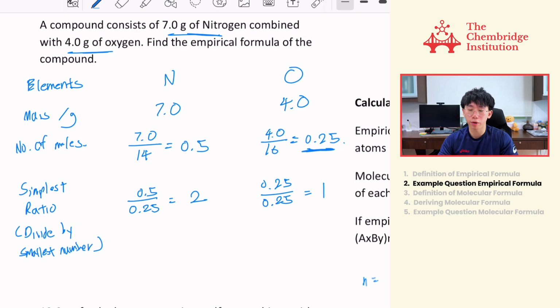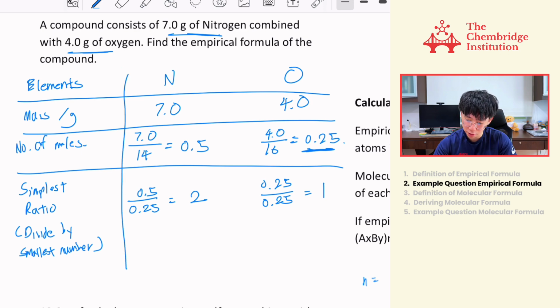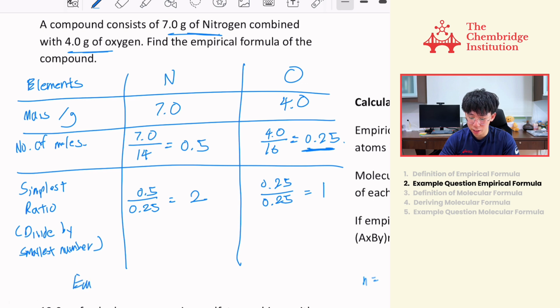So the simplest ratio, once you've done this, please draw your lines in the table. The simplest ratio over here, which is in other words the empirical formula, do write your concluding statement. This is just N to O. So that is the empirical formula of this compound.